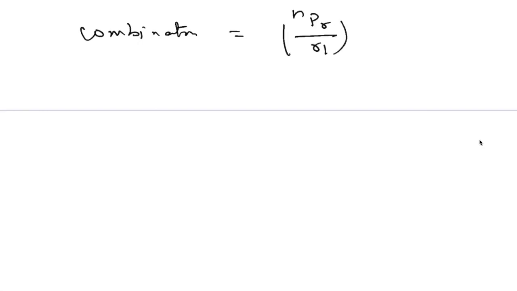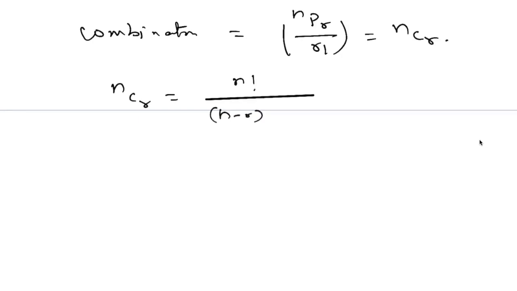So for combination, this will be nPr upon factorial r. We have to reduce down the arrangement of the numbers, and this is known as nCr. The formula for nCr will be factorial n upon factorial n minus r into factorial r.